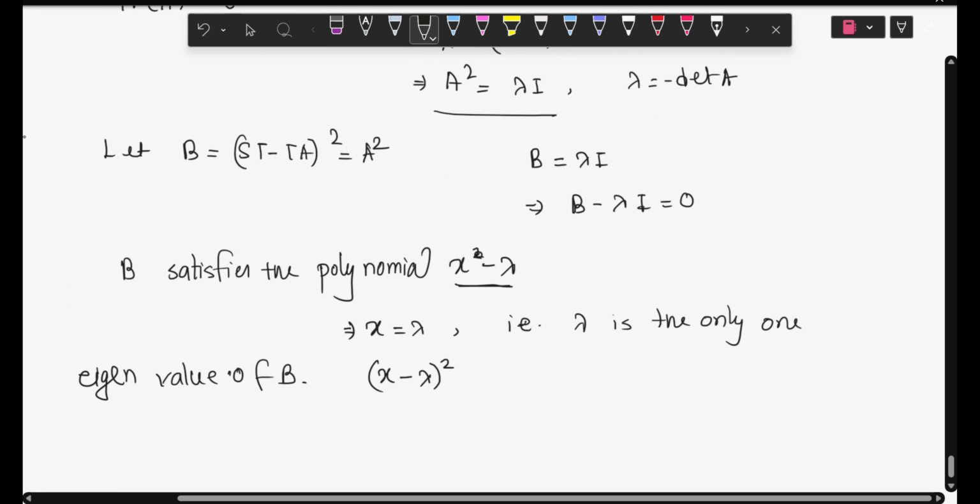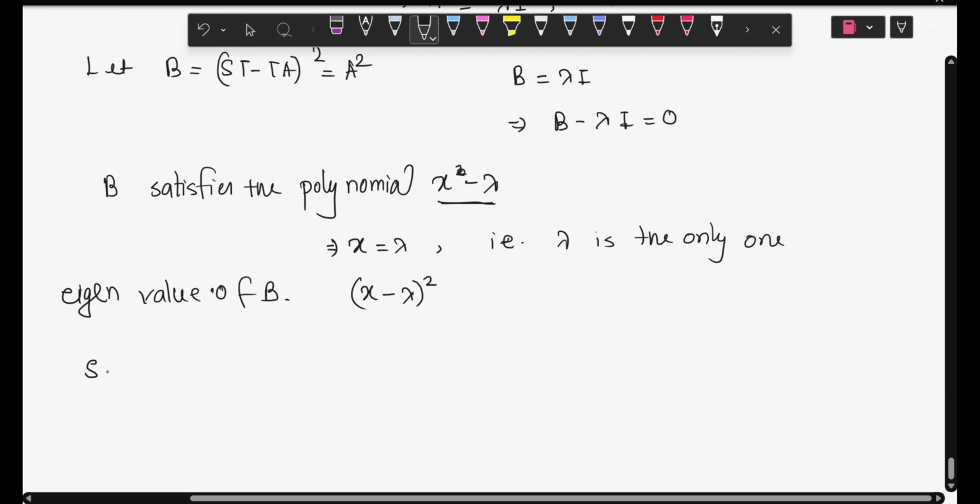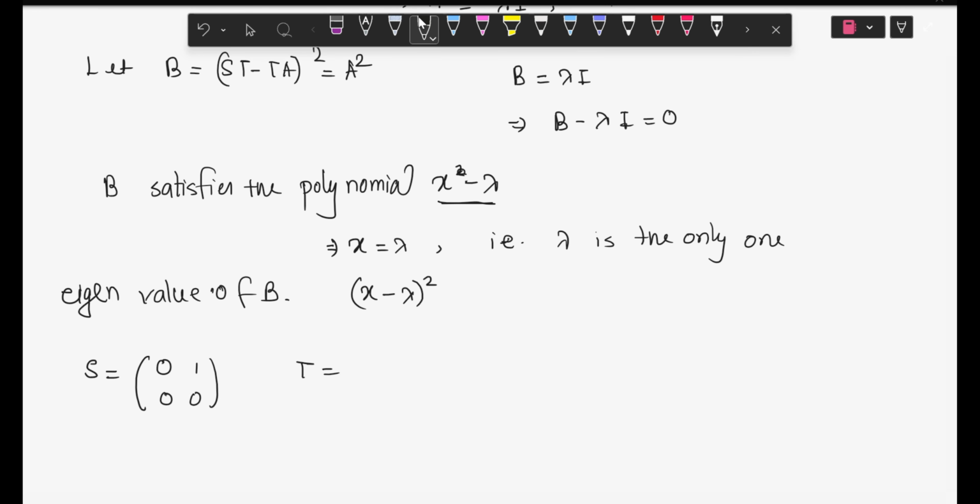For that purpose, I am just considering the matrix of a linear transformation, since a linear transformation and its matrix are the same thing. So I am considering the matrix S equal to 1 0 0 0 and T equal to 0 1 0 0. Okay?